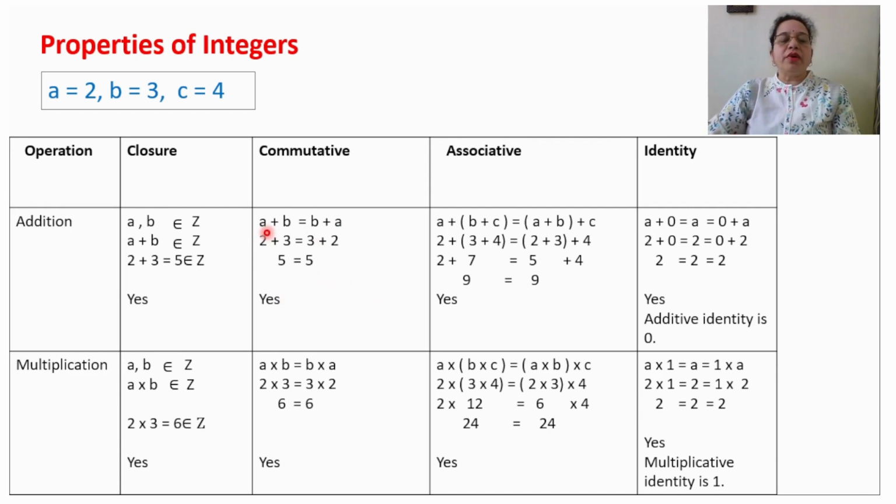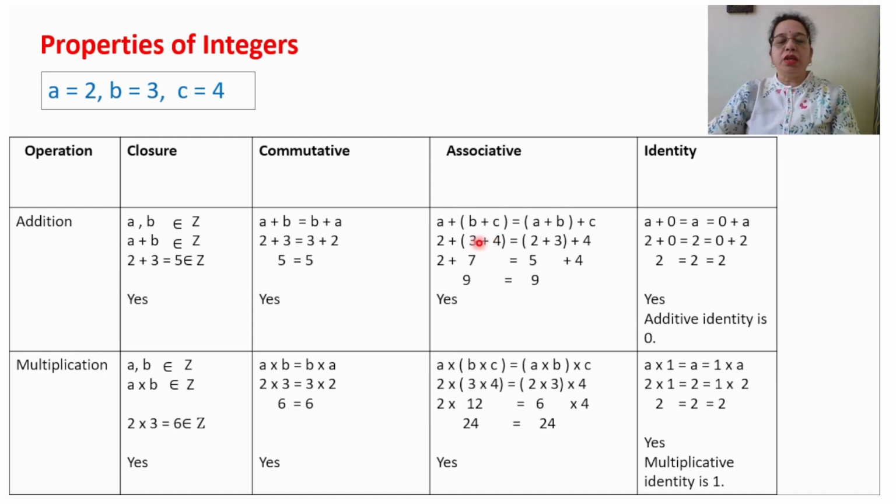So substitute the value of a is 2, b is 3. So 2 plus 3 will give you 5. Come to the right hand side, b plus a, just change the order. So 3 plus 2 will give you 5. Again your left hand side and right hand side are the same. What does it mean? We can observe commutative property in addition of integers.